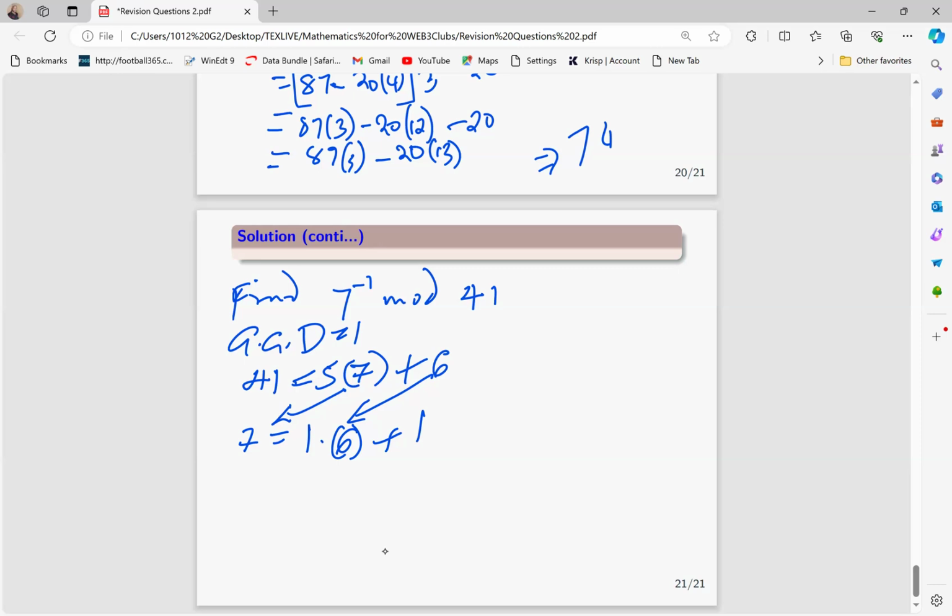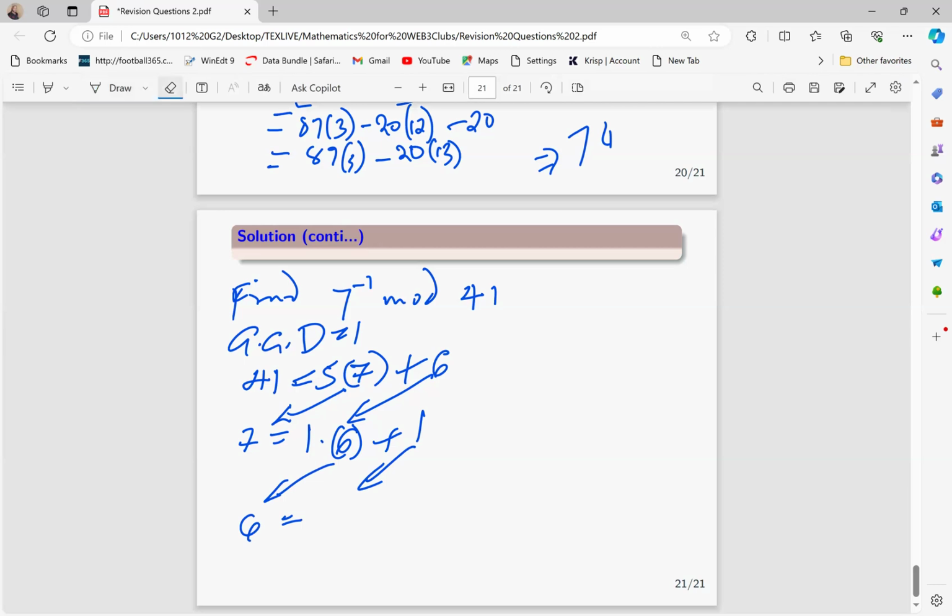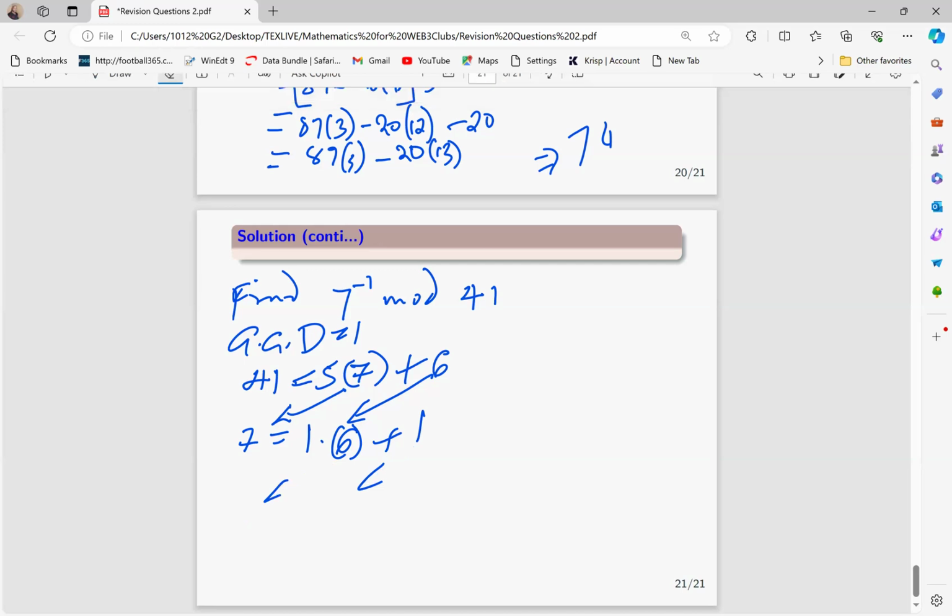This one goes here, 6. Then 1 comes here. Oh, we found 1. So I think this is the GCD. So we found what you wanted, I guess. So the GCD is 1.